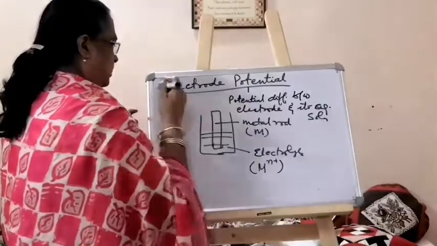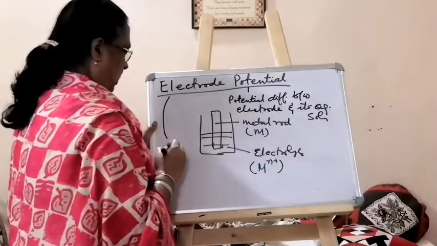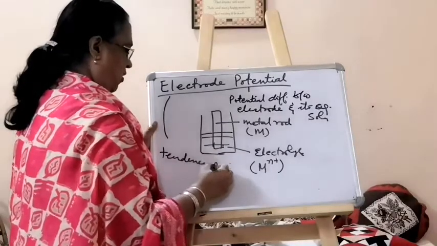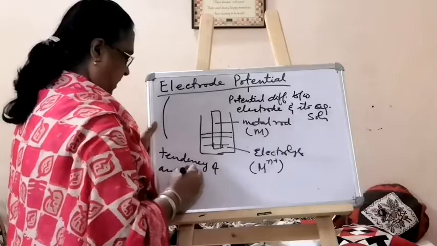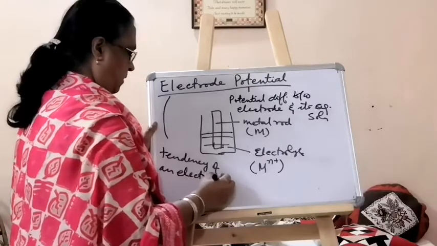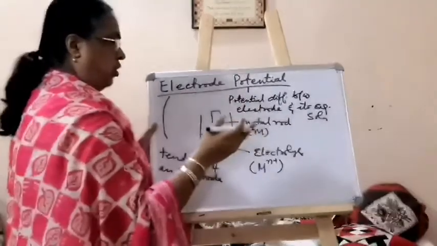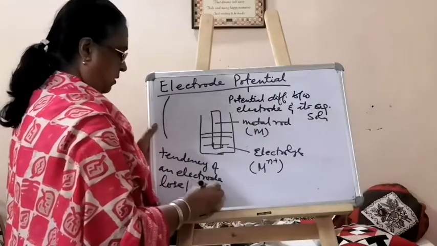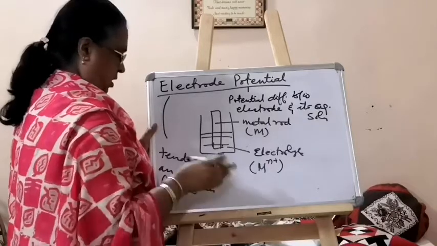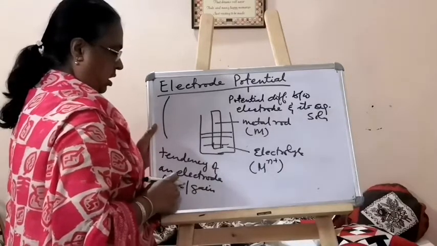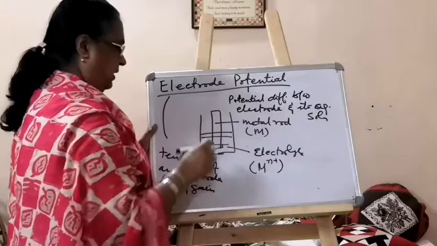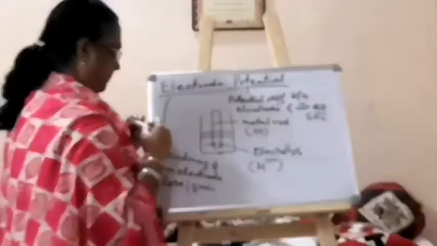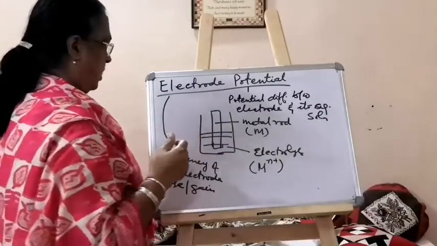And electrode potential is also the tendency of an electrode to lose electrons or to gain electrons when the electrode is dipped in its metal ion or its salt solution.